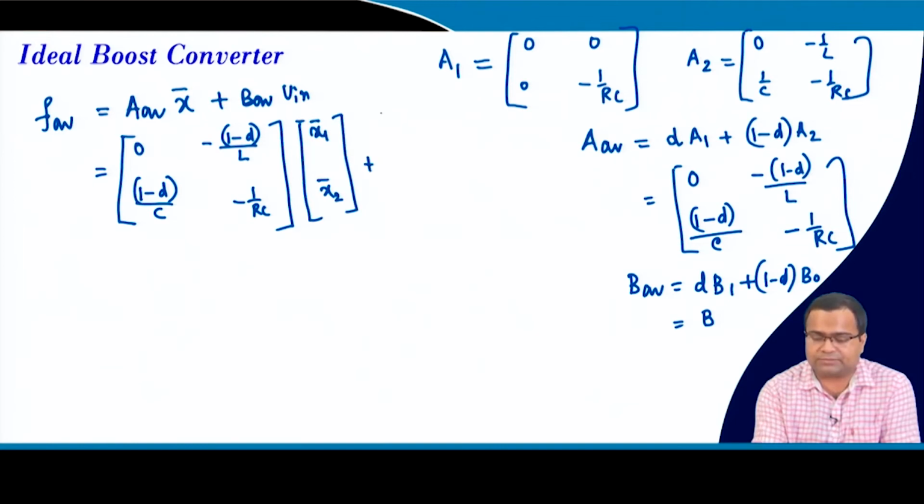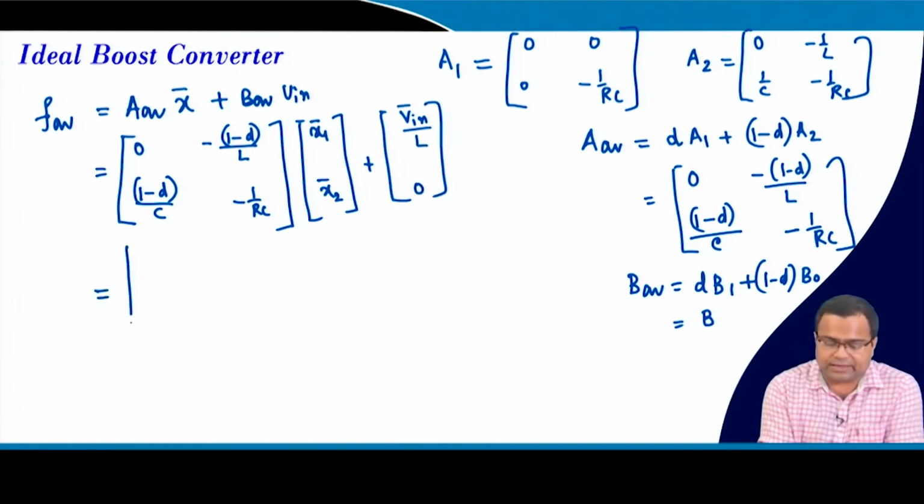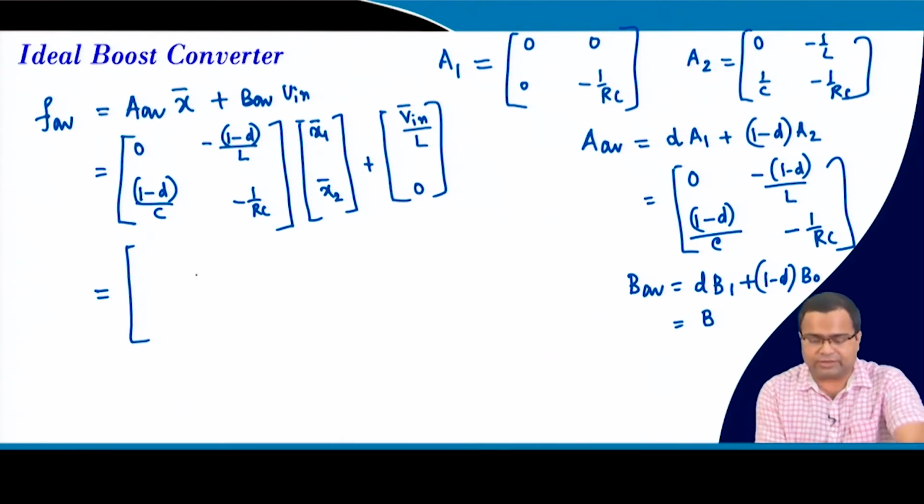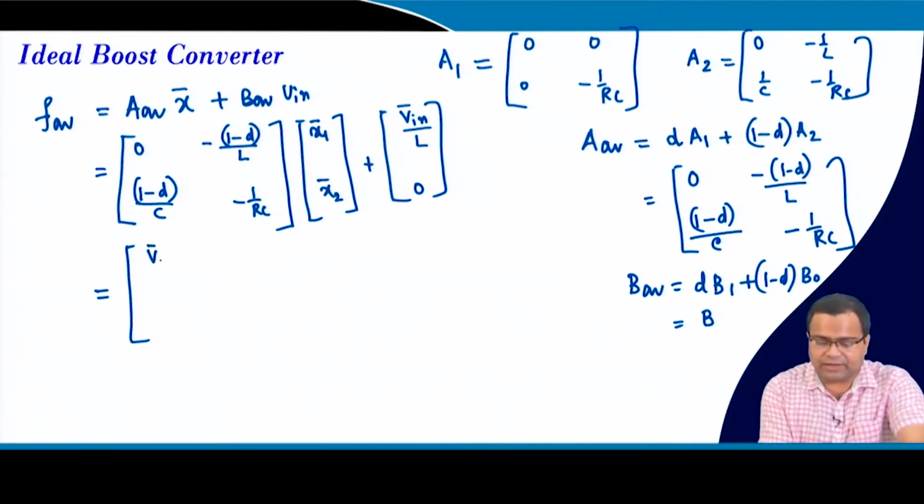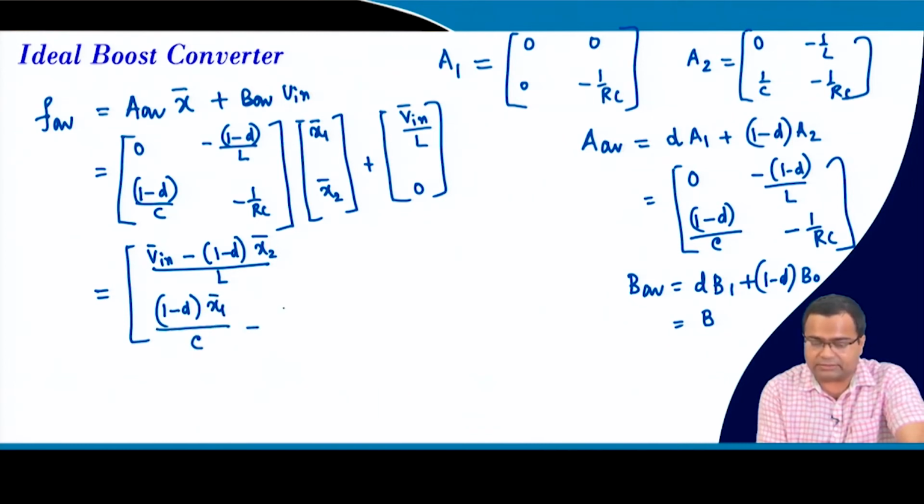X2 plus V in average by L, 0. So, which can be written as, if you write it down, you will get V in average minus (1 minus D) into X2 average by L, and on this side you can write (1 minus D) X1 by C minus X2 by RC.